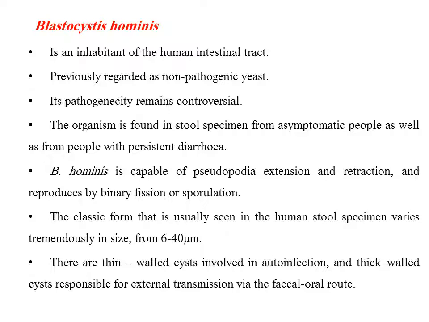I mean, it is found in our GI tract if we are affected by this parasite. It was previously regarded as an unpathogenic yeast, when scientists and researchers first discovered it, and studies showed that it was unpathogenic but related to a yeast, a fungal species.